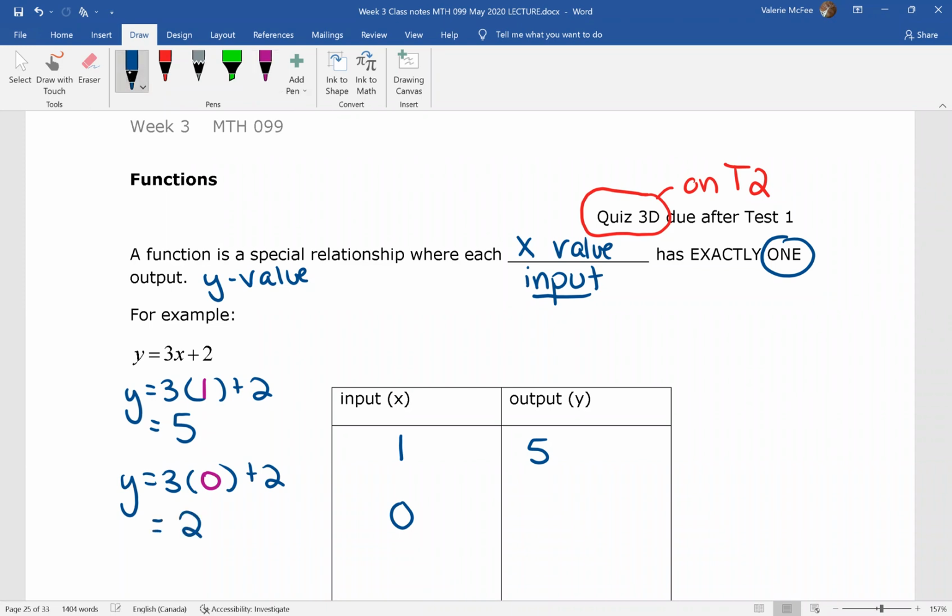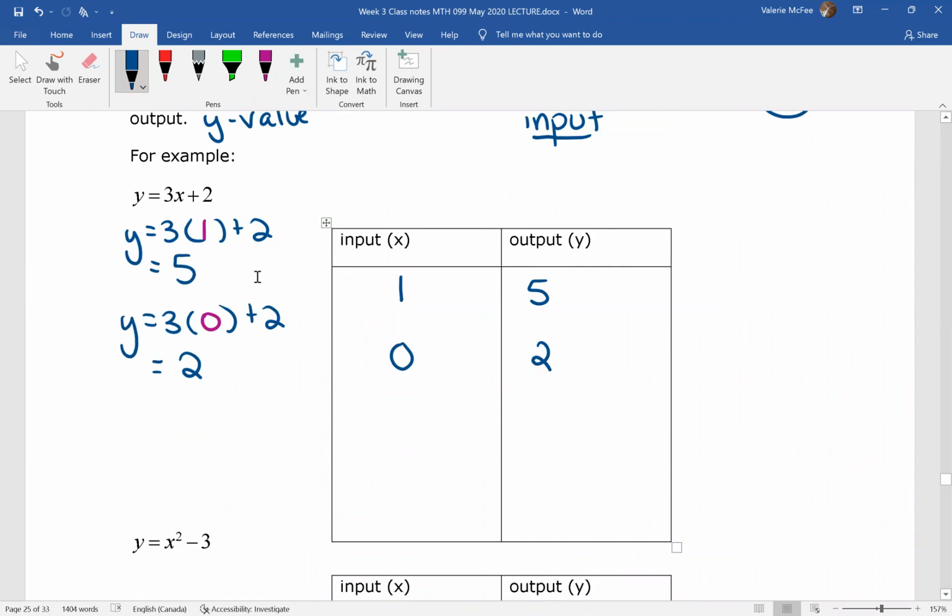When we put in x equals 0, y equals 2. What if x is a negative number? Pause your video, find the output. -6 plus 2 is -4.